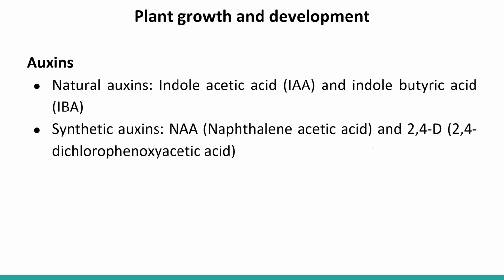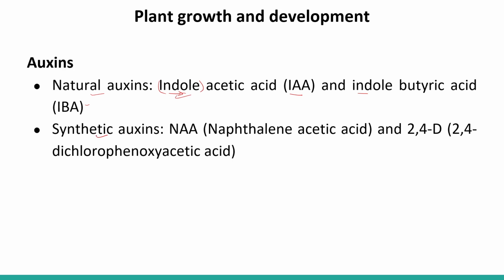Now auxins can be either natural auxins or synthetic auxins. Examples of natural auxins are indole acetic acid and indole butyric acid. Why are they auxins? They are indole derivatives, meaning they contain an indole group as the parent nucleus.